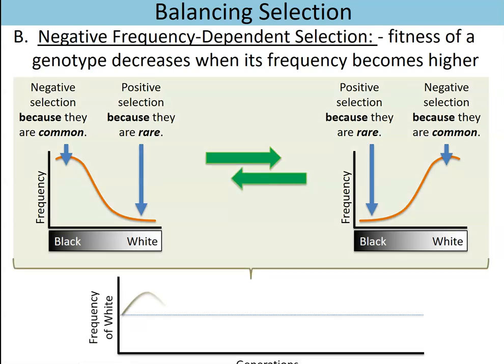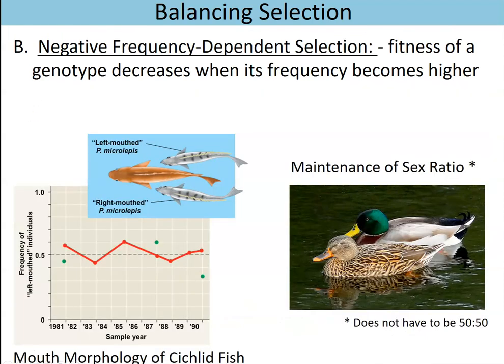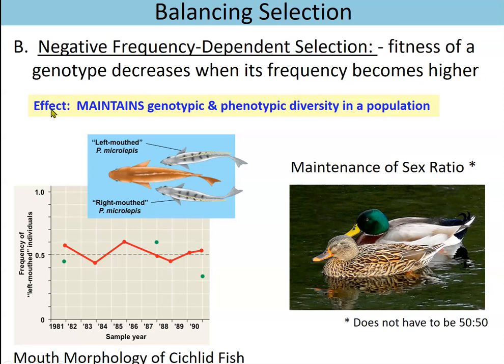And that over time creates this pattern where there's more or less white, or in this case lighter individuals, and that really leads to a stabilizing or balancing of the genotypes within this population over time. We see some examples of this. A classic example of this are the fish, like the feeder fish who feed on bigger fish. It's always advantageous to be in the group of rarer mouth feeder.